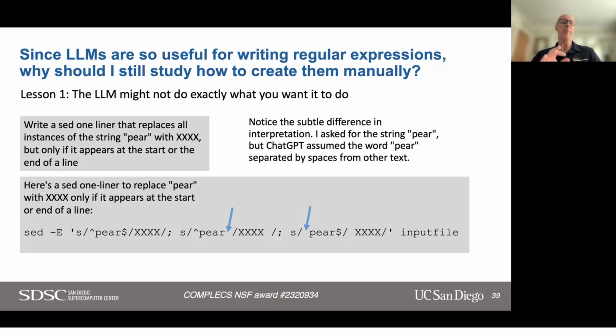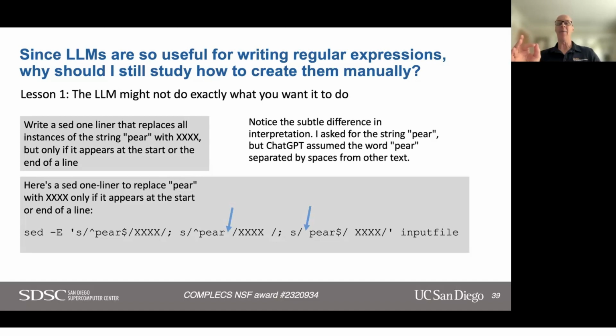So I had gone to ChatGPT, and I gave it the prompt: write a sed one-liner that replaces all instances of the string pair with 4 x's, but only if it appears at the start or the end of the line. And then ChatGPT responded and said, here's a sed one-liner to replace pair with 4 x's only if it appears at the start or the end of the line.